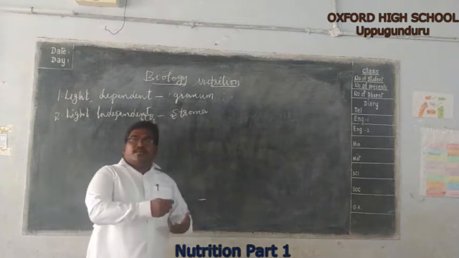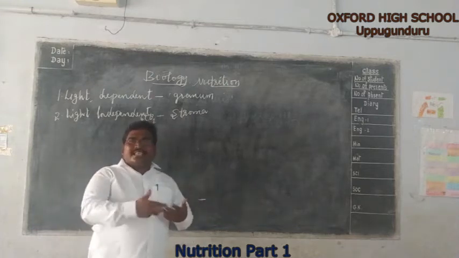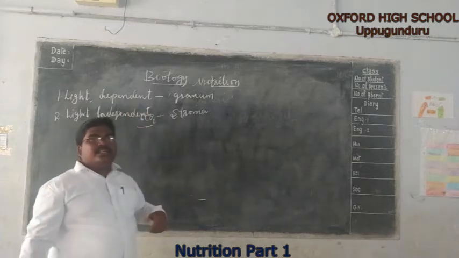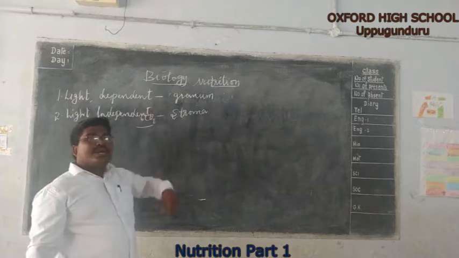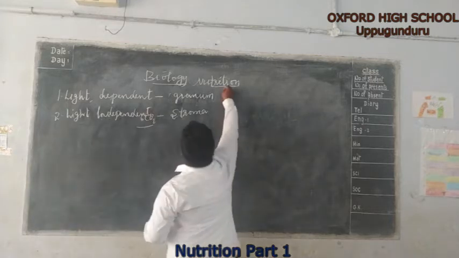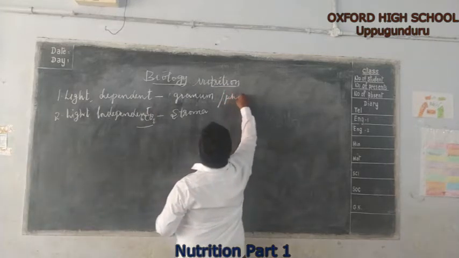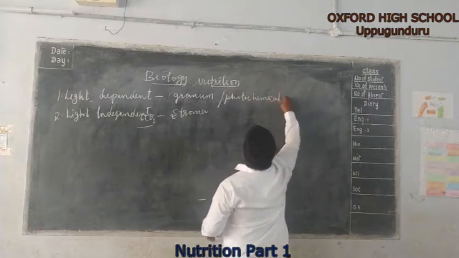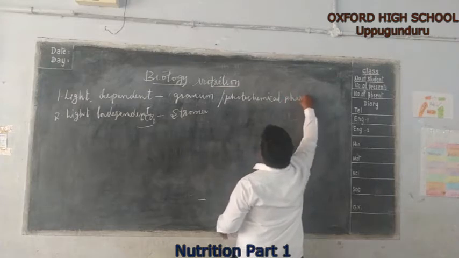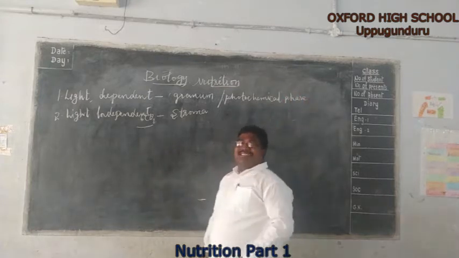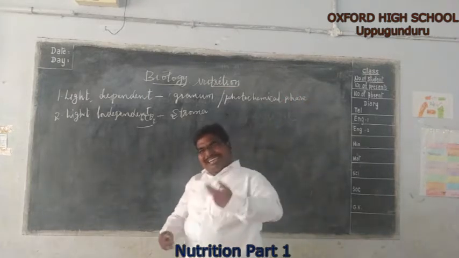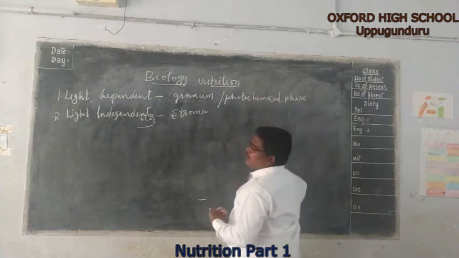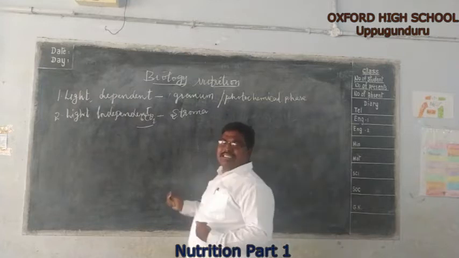That means a chain of fast reactions takes place in the presence of light, so this phase is technically called the photochemical phase, or light-dependent reactions.